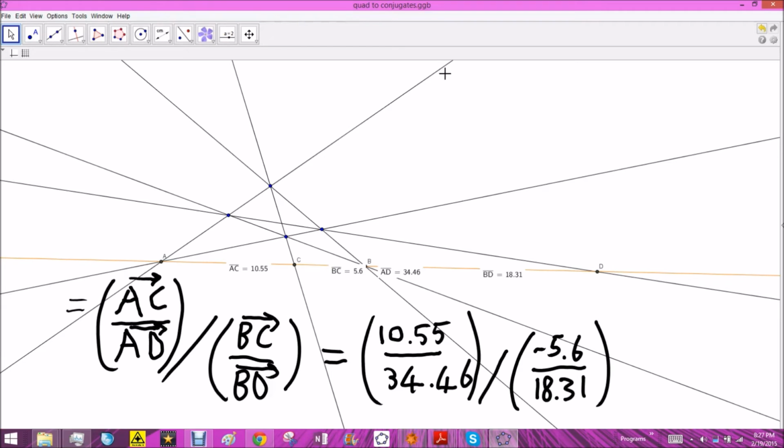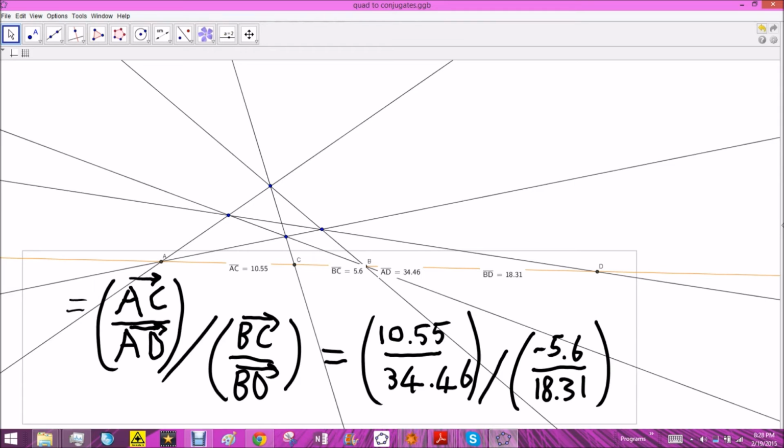A divides CD externally in the same way that B divides CD internally. In other words, if we take the ratio of AC, the displacement from A to C, divided by the displacement from A to D, well, that gives us this number here, which is roughly 0.3.